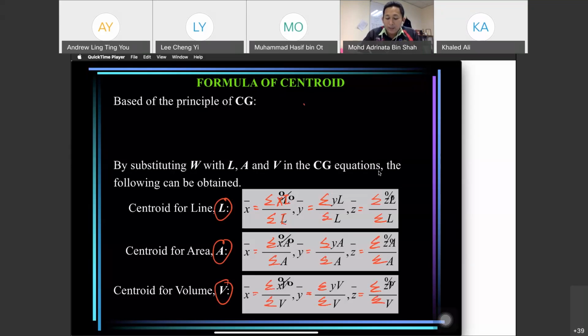For volume, X bar is the summation of X times volume divided by the summation of volume. So this one you need to calculate.